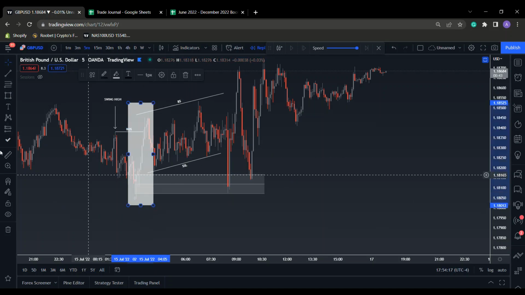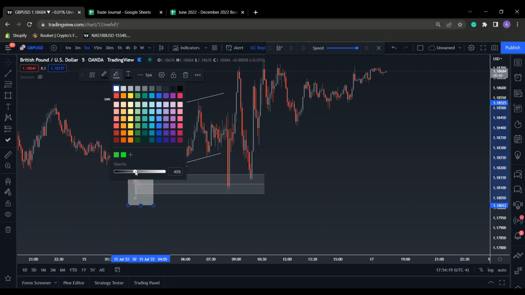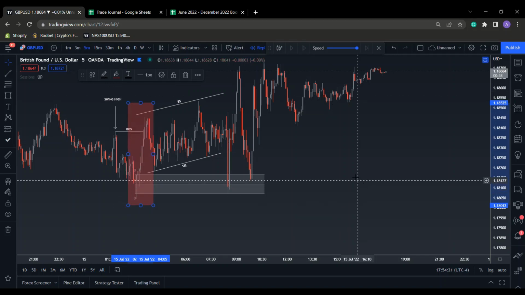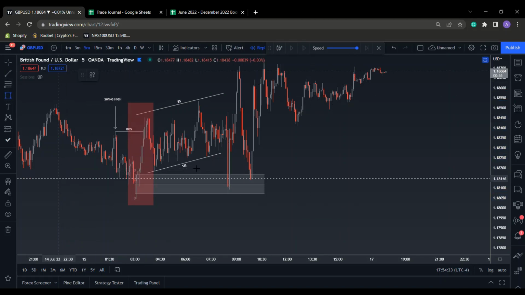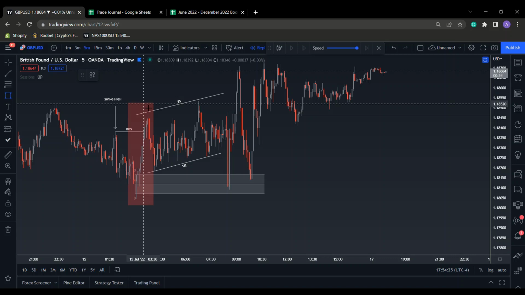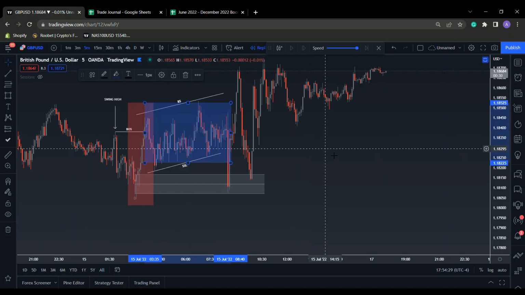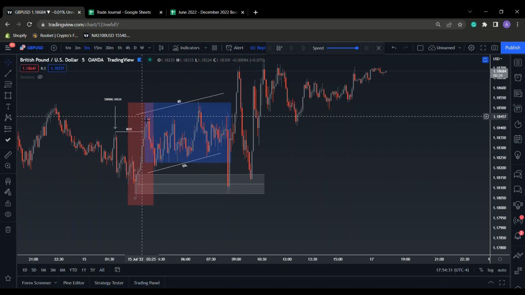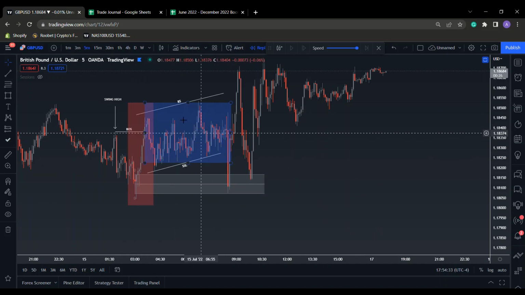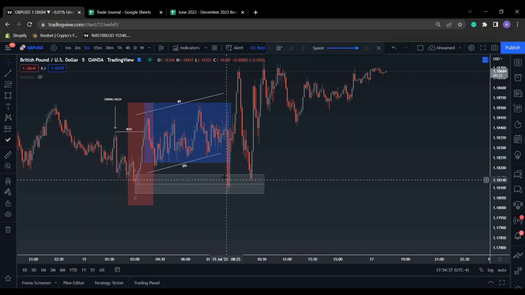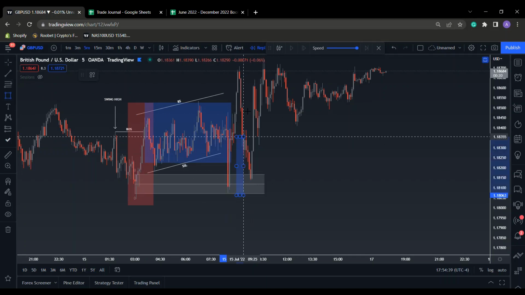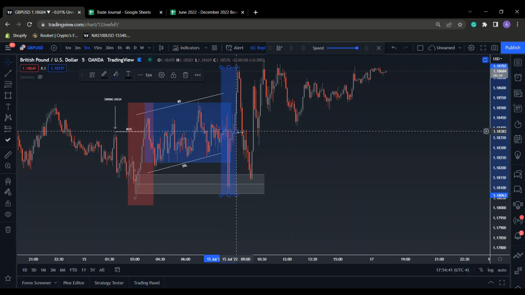I learned this from MentFX. If you guys want to go check him out, I'm sure you know him. I don't know who doesn't know him. The 3 box strategy, whatever he calls it, I'm not sure. Shout out to him. We have the impulse up off the demand zone. We have the accumulation. We have the pushback down into our demand zone with the full impulse back up.